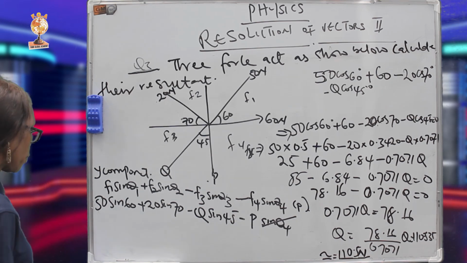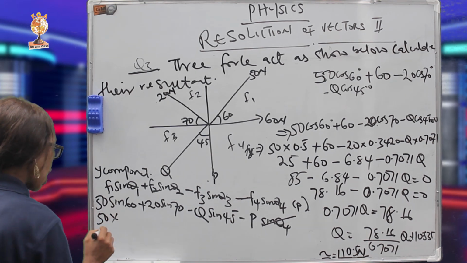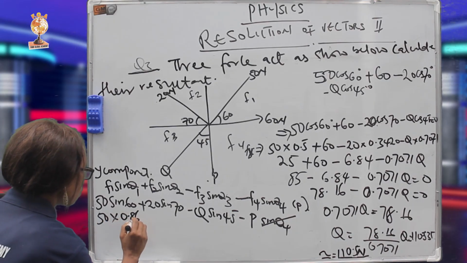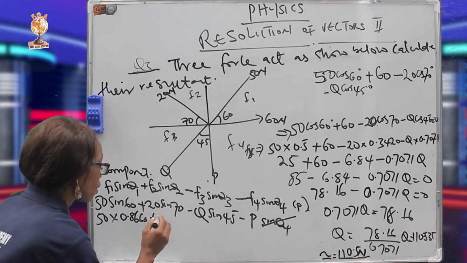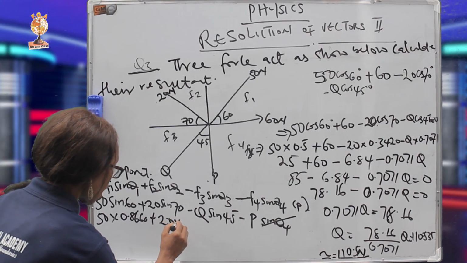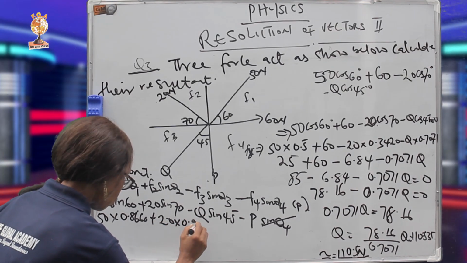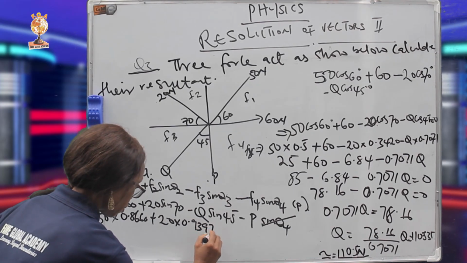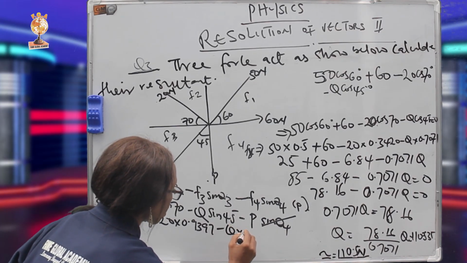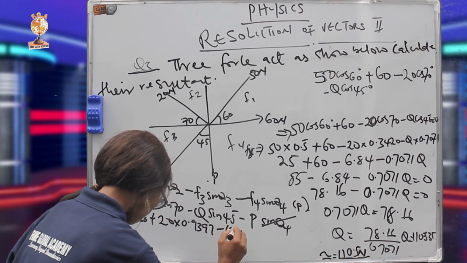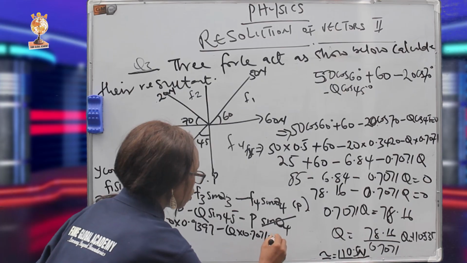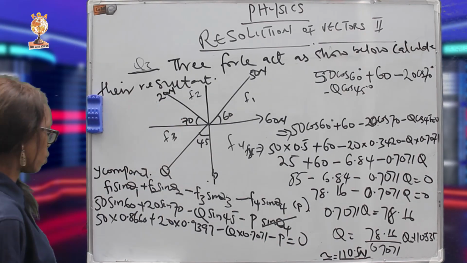So let's continue. 50 times sine 60 is 0.8660 plus 20 sine 70 is 0.9397, minus Q times sine 45, which is 0.7071, minus P, all is equal to 0.